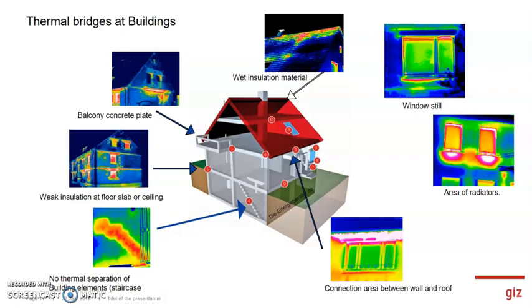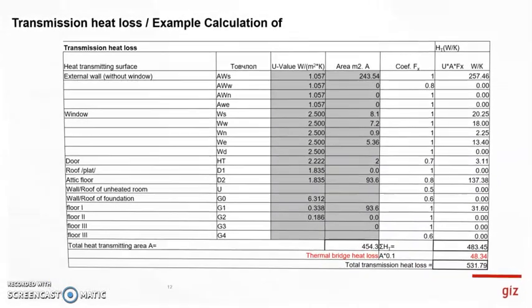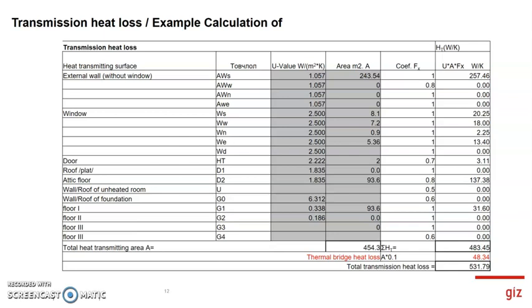And the last slide is indicating, for example, how the thermal bridge heat losses are calculated. So you have all the different kinds of materials. For the external wall, you have the U value, you have the area, and then you calculate them all together.